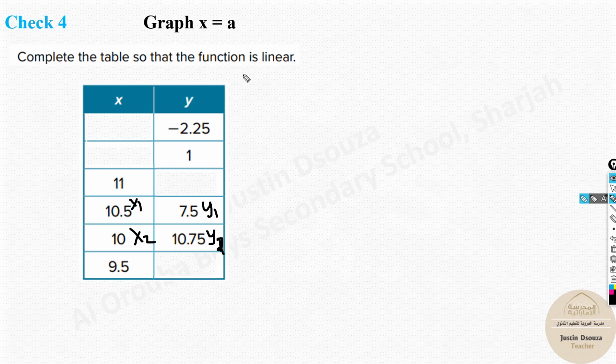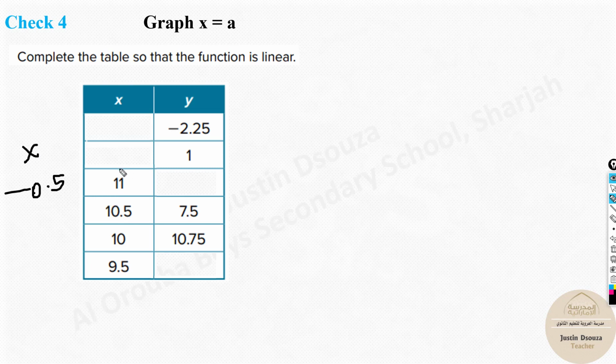I will correct myself. Since they have told us it's already linear, you don't need to use the rate of change at all. All you need to see is that the change over here must be constant. Can you see over here, it's 11 and then it goes to 10.5, then 10, 9.5. If you do it in the calculator, you will see it's reduced by 0.5 at x.